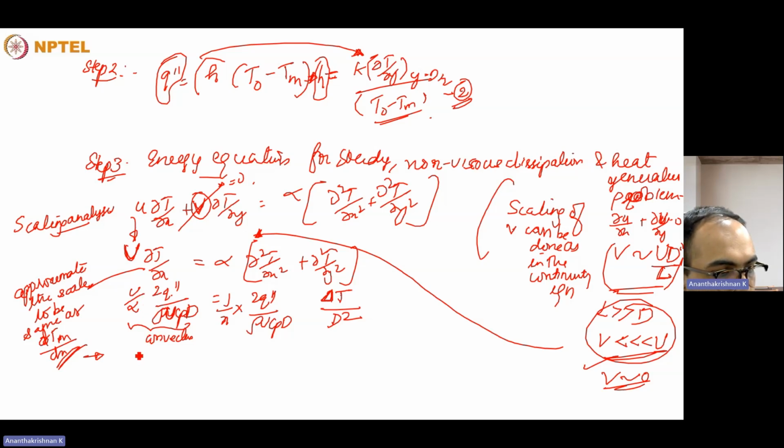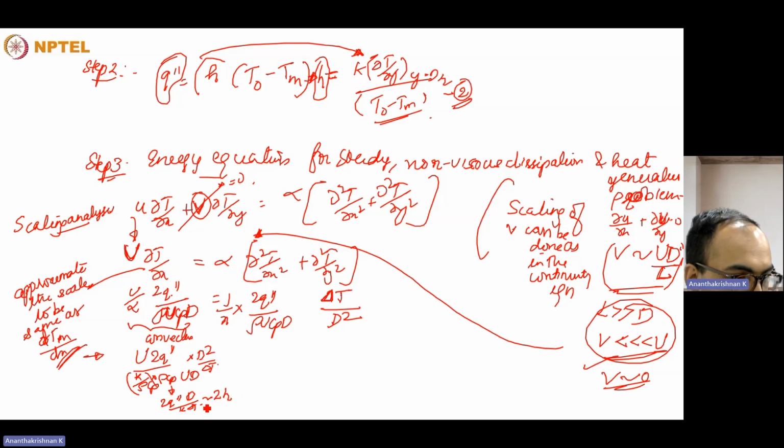We can try to simplify some terms. So that will be 2Q'' k divided by ρCp into UD multiplied by D squared divided by ΔT. So this k by ρCp will get cancelled, and it will take the form 2Q''D divided by kΔT. So Q'' divided by ΔT will be the heat transfer coefficient, equal to h.